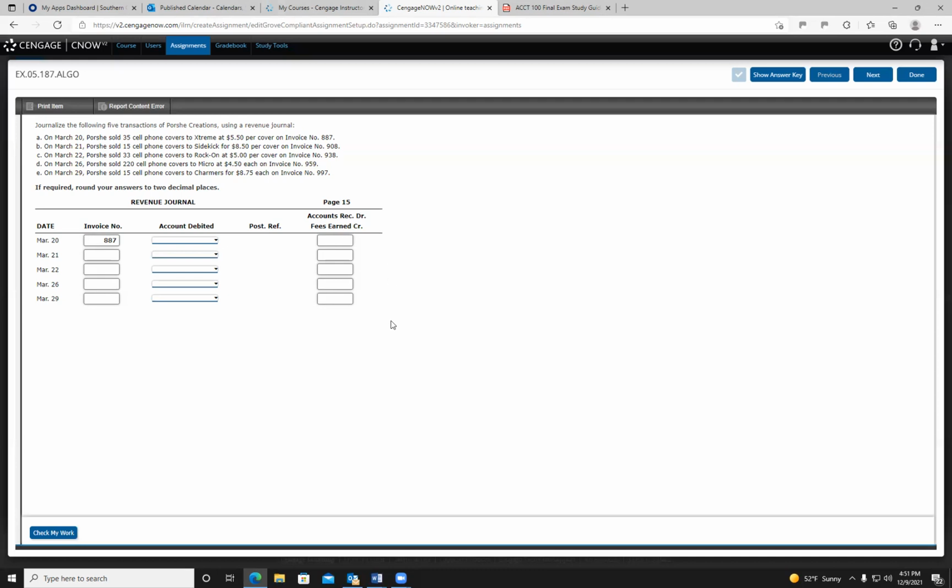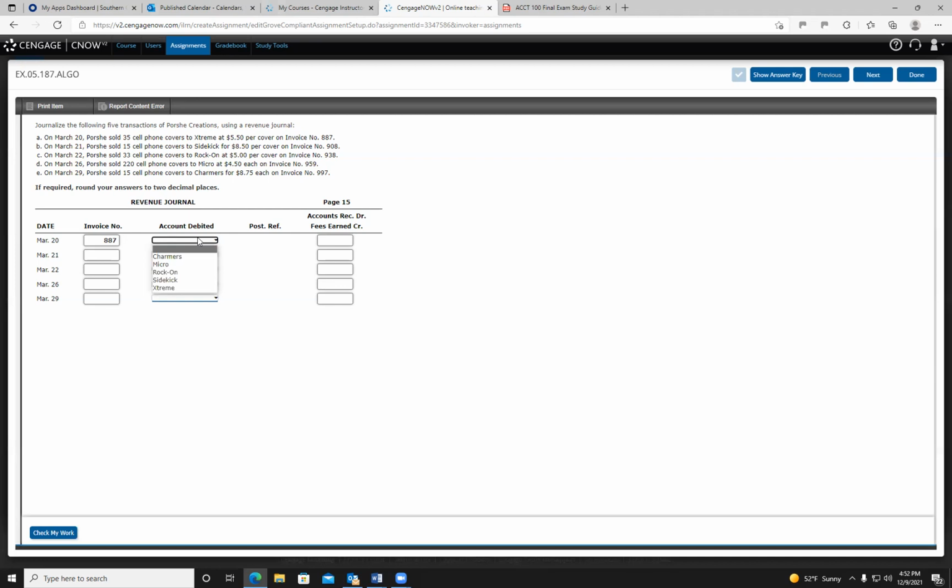What are we crediting? We have already credited fees earned. Fees earned is a revenue account. So we're making sure that we're keeping track of all of our revenue transactions, and also posting to the accounts receivable subledger. When it asks what account is debited, when you click on the drop-down menu, you see each of the different customers' names.